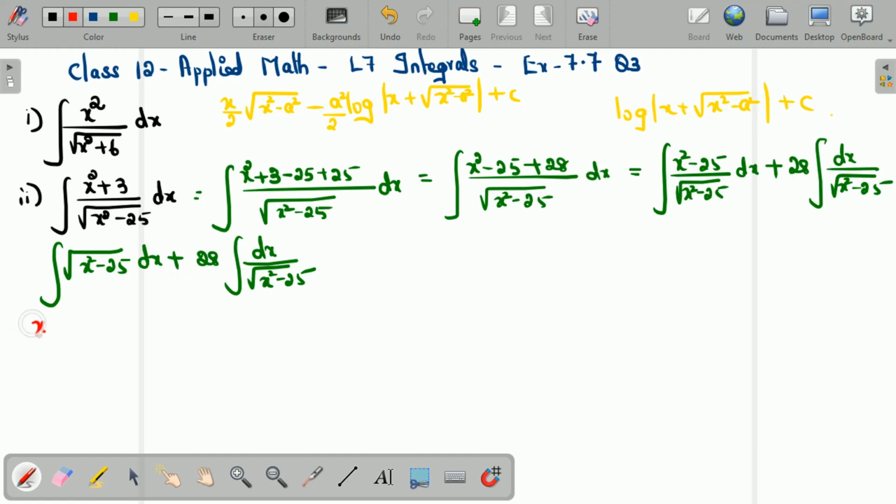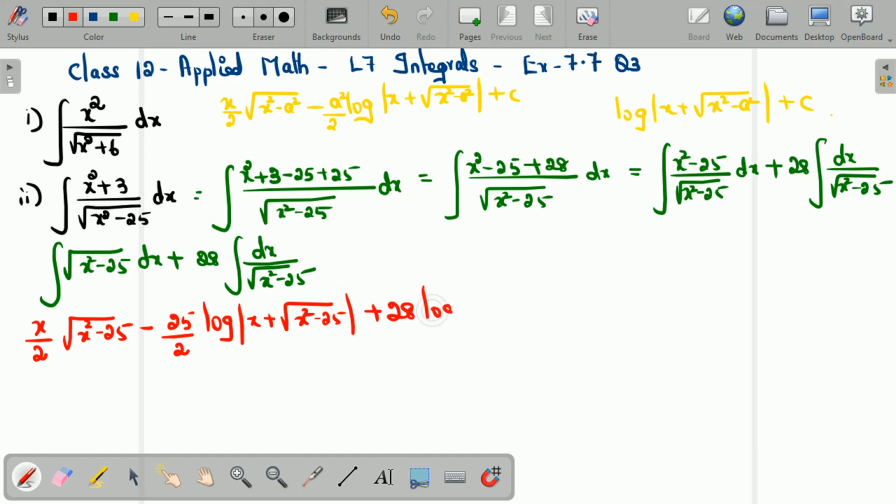So let's apply the formula for each of those terms. In the first case, it is x by 2 root of x squared minus 25, minus a squared, which is 25, by 2 log of x plus root of x squared minus 25. I'm going to combine the c's in both cases into one variable. Then this is plus 28 log of x plus root of x squared minus 25 plus c.